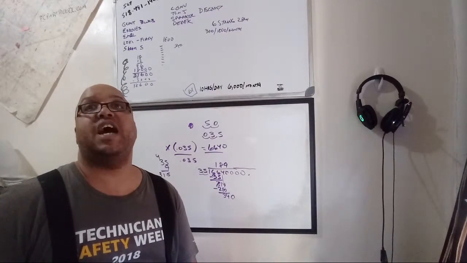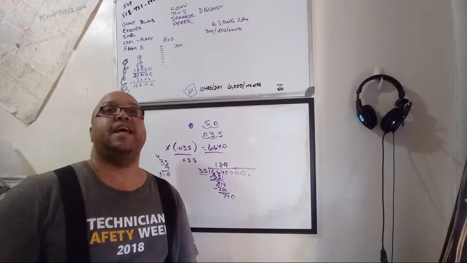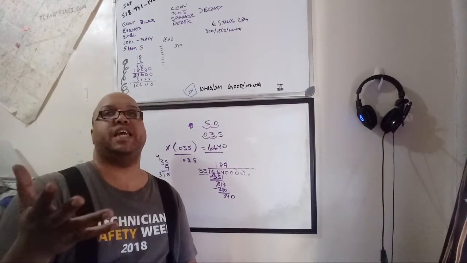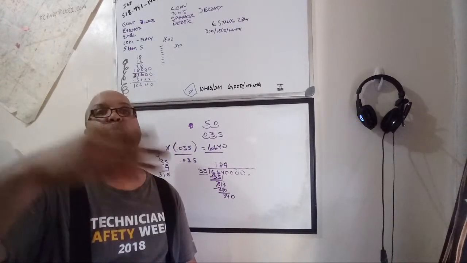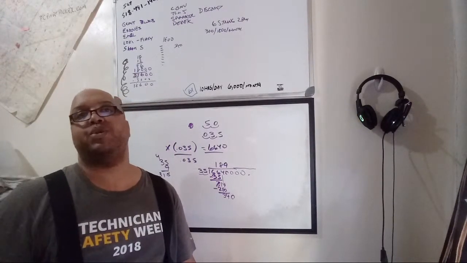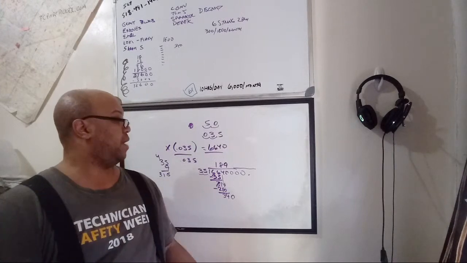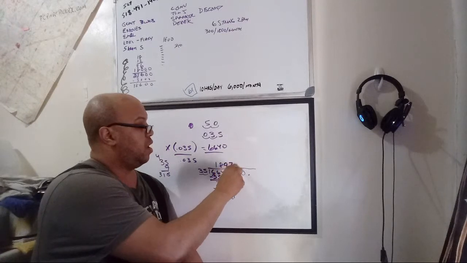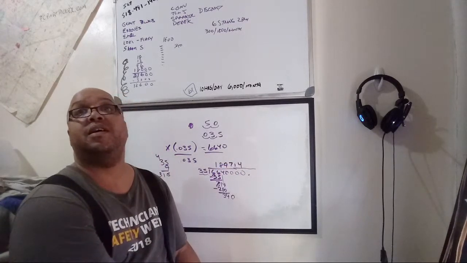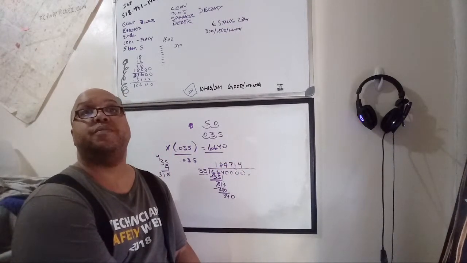Yeah, 189,714. I'm thinking maybe there was an E there, because I used a calculator and none of the multiple choice answers jived. So maybe E was none of the above. But 189,714 is the answer.